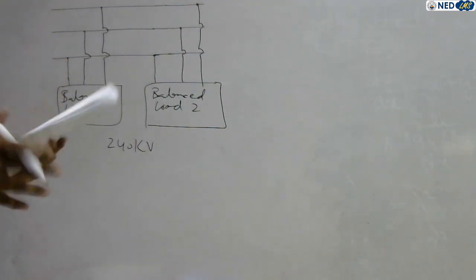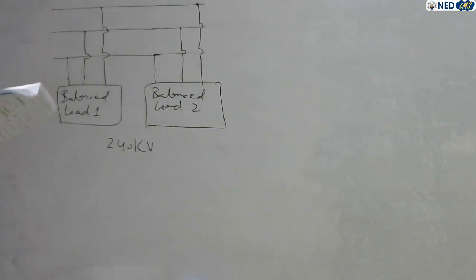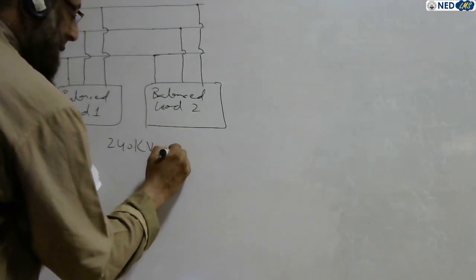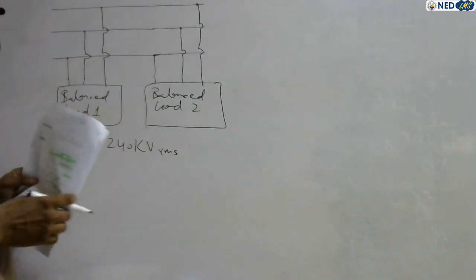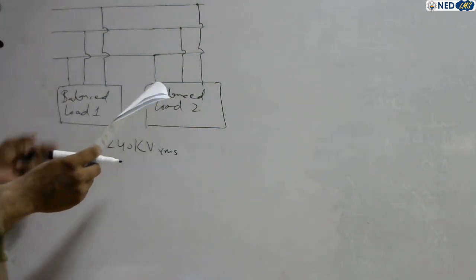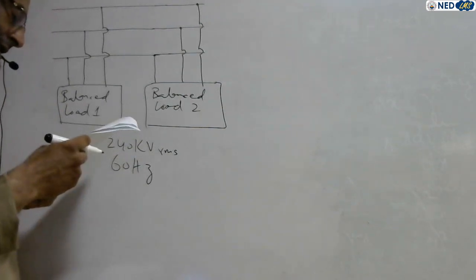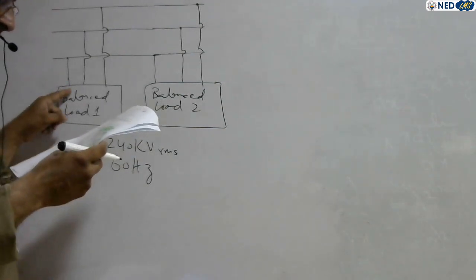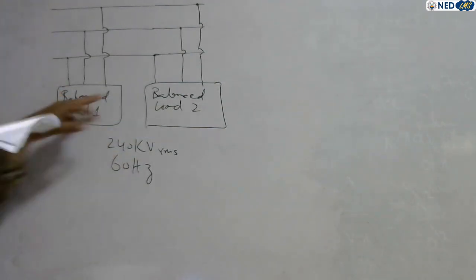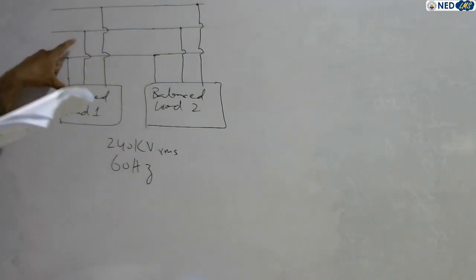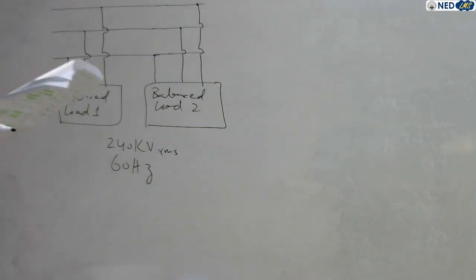Remember, the quantities given to us are line voltages, and line voltages are RMS voltages. The frequency is 60 hertz, as shown in the figure. There are two loads, load 1 and load 2. These loads are balanced and they are connected to the three-phase system.